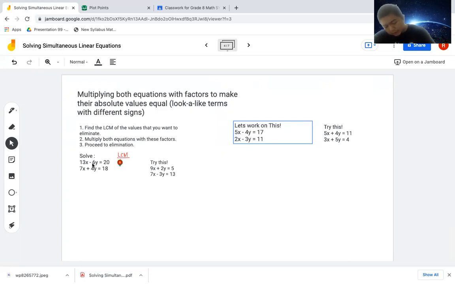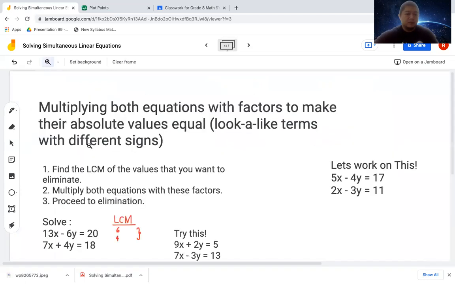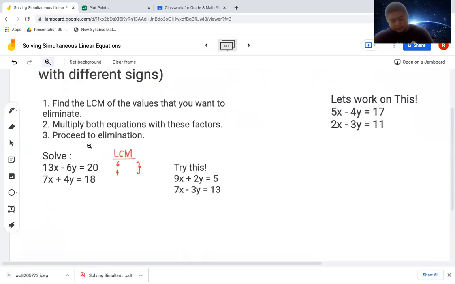So you're going to think, what is the LCM of 6 and 4? The LCM of 6 and 4 is equivalent to 12.